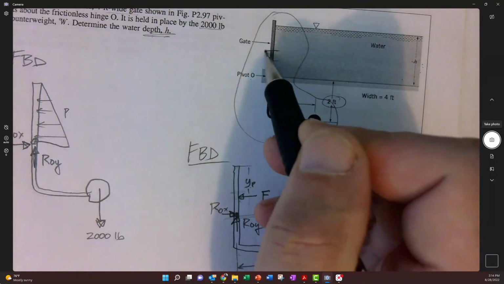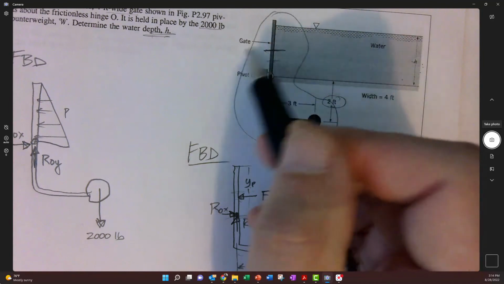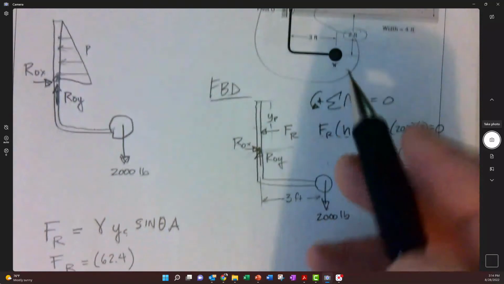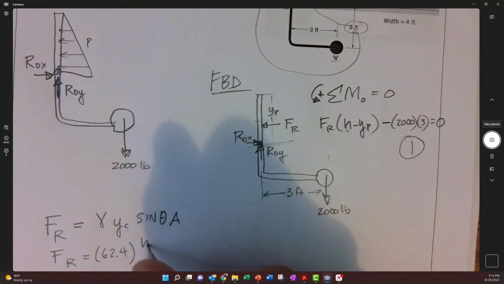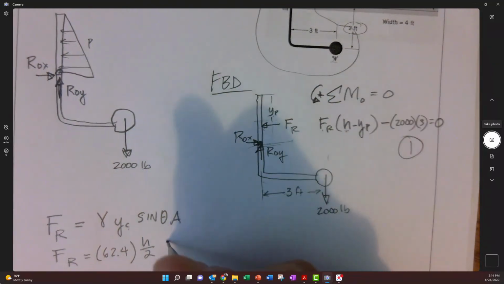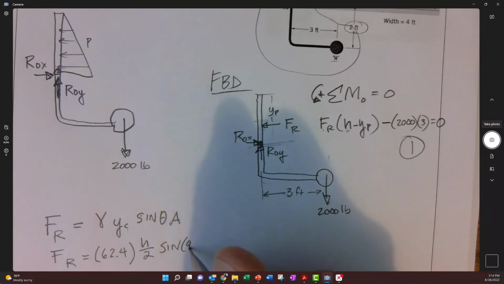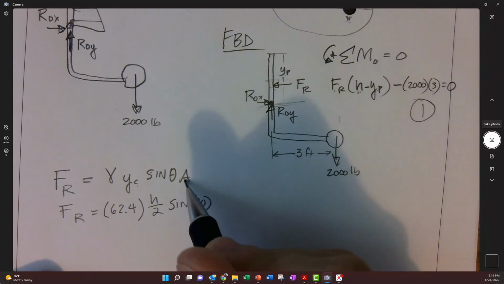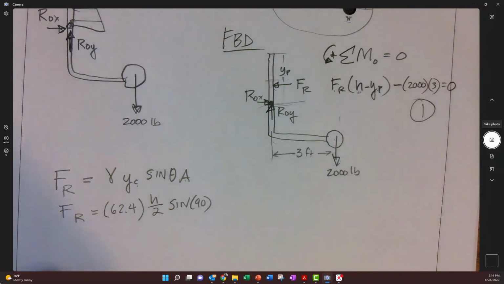That's the location of the center of this rectangular gate. So it's going to be H over 2 and sine of 90, because it's vertical. And then lastly, the A is going to be the width times the height.